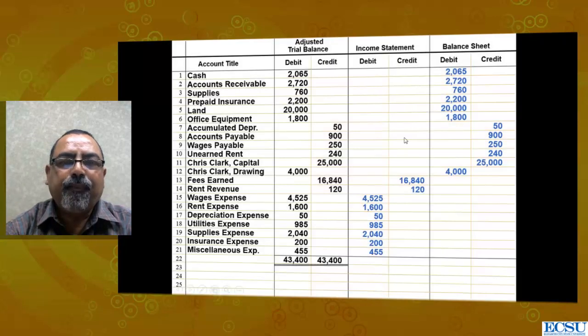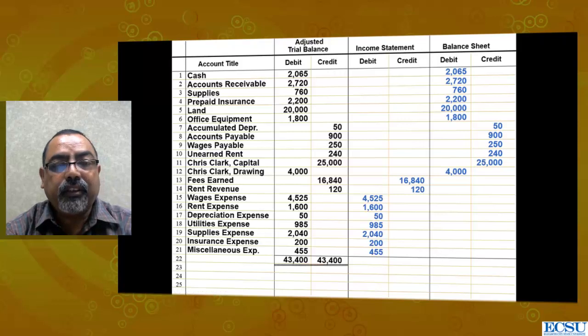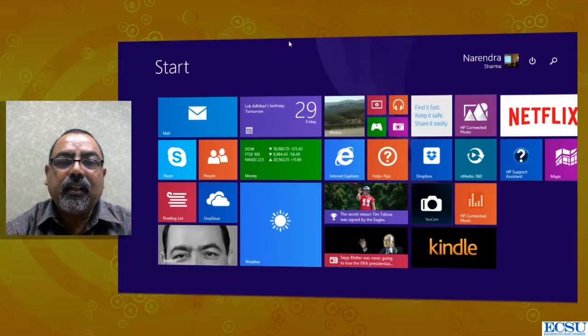As you can see, this is the starting point of what we have essentially done: we have extended the worksheet. Actually, we don't need to write the account titles all over again. We have already written them in the previous worksheet. We are just extending it. So how do you extend it? Since cash is a balance sheet item, we'll take it to the balance sheet column, and in the same column it appears in the adjusted trial balance.